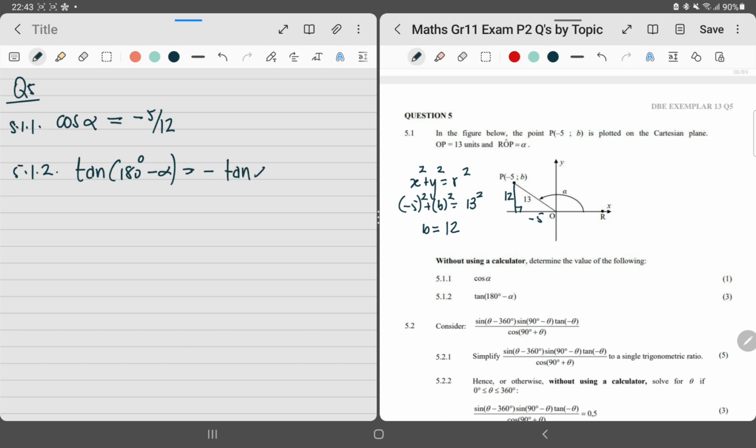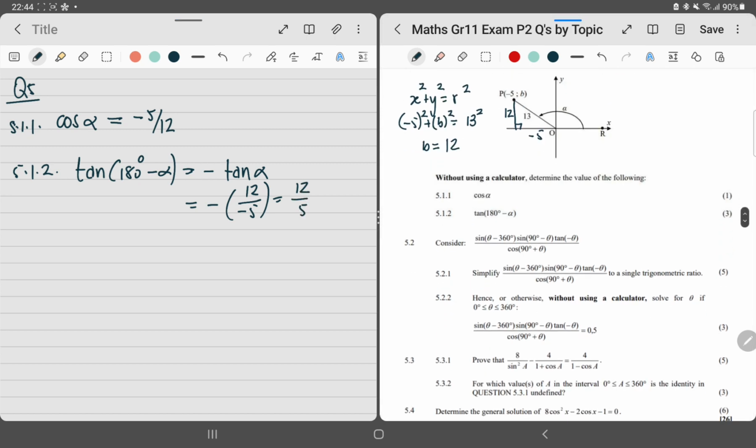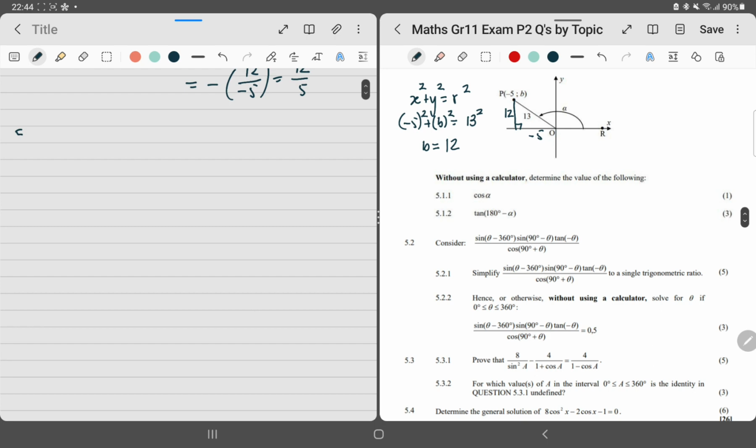Tan is negative there. And then this is 12 over -5, which is equal to -12 over 5. So we are given that, and they want us to simplify to a single trigonometric ratio.